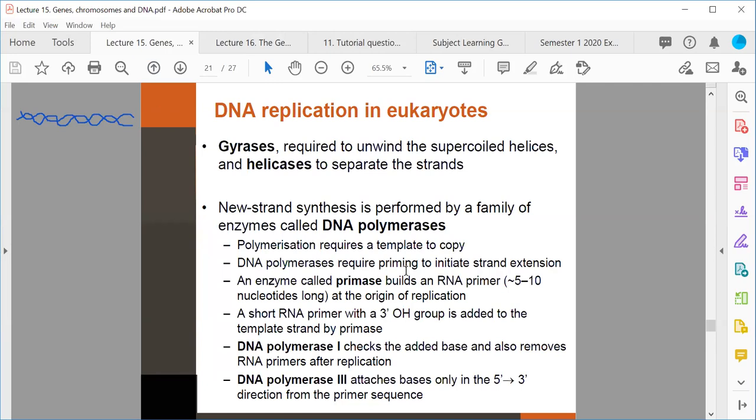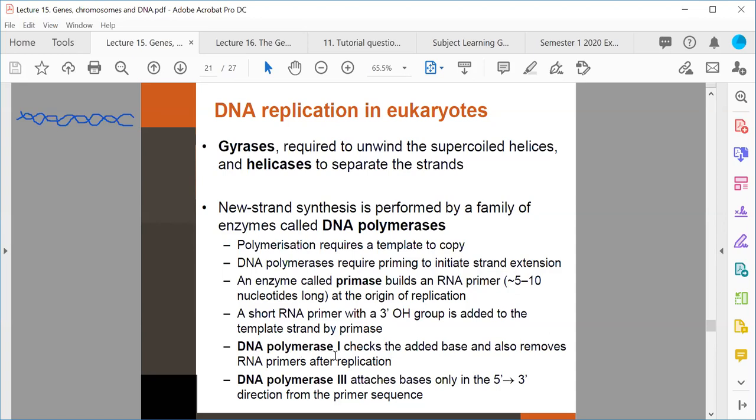DNA polymerases require priming to initiate the synthesis of the new strand of DNA, and that priming comes about when that primase enzyme builds that little RNA primer, and that's usually about 5 to 10 nucleotides long. The RNA primer provides that 3' hydroxyl group. That's the important part here.